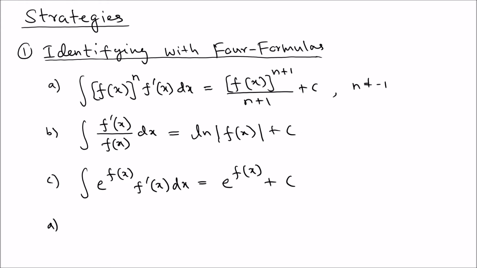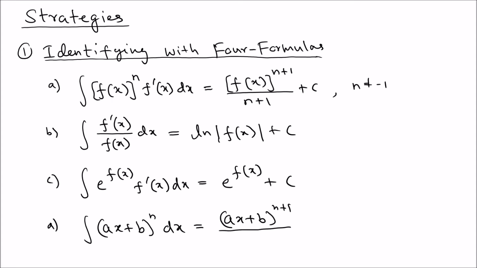So let's write that. This is (ax plus b) to the nth power dx. What's going to happen, you can see this is just f x equal to ax plus b. The derivative is simply a, so we can multiply and divide by a. So the solution is (ax plus b) to the n plus 1 divided by a times n plus 1, from the power rule, plus c.